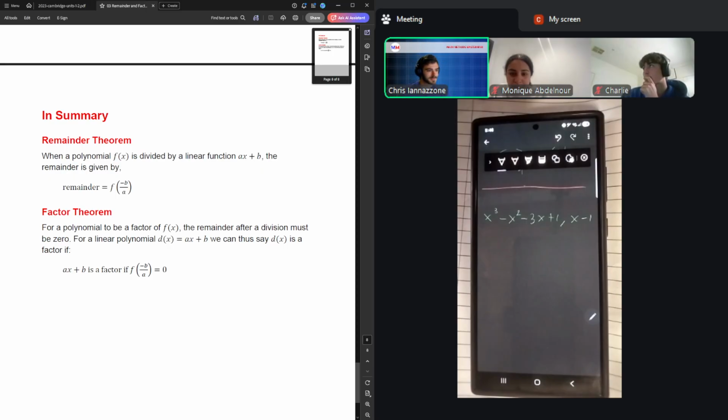If you guess one of them, you've got a 50-50 shot. If you have a look at the screen share, you've got a decision between using the remainder theorem and the factor theorem. What do you think is going to be relevant?